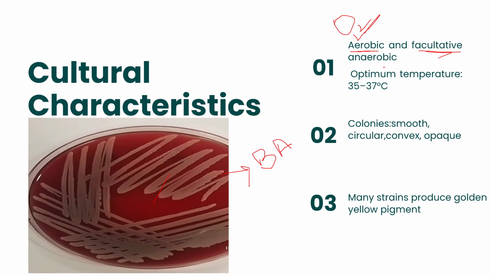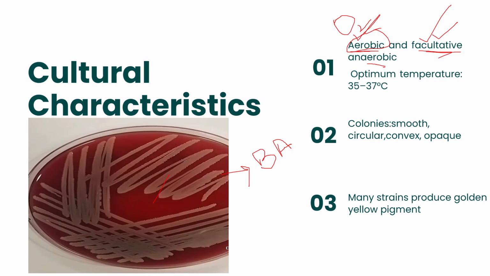Now, what does this mean? Anaerobic means growing in the absence of oxygen. This bacteria by nature does not grow in the absence of oxygen. It needs oxygen. But if need arises, if it does not get enough oxygen, then it can also survive under those conditions. So they are called facultative anaerobic. By default, they are aerobic, but if they don't find oxygen in some place, they can also grow there.